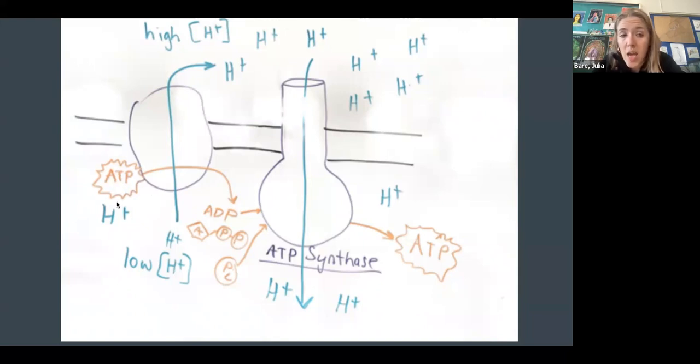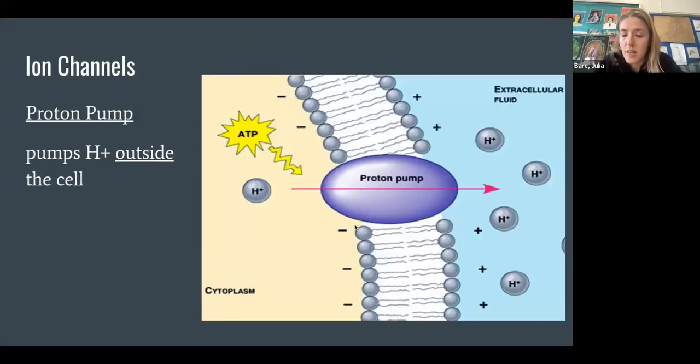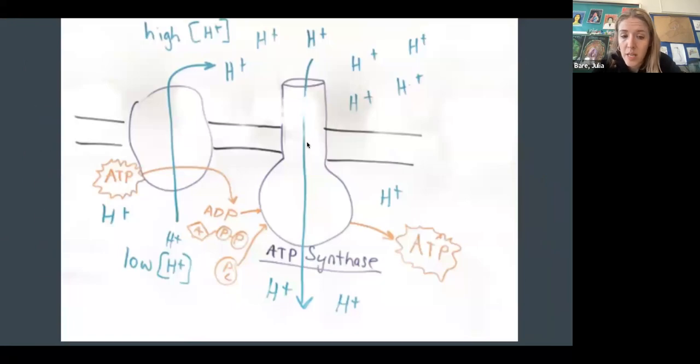It's going to use ATP as an energetic input for pumping protons against the concentration gradient. So this proton pump molecule, you've seen representations like this in your textbook. It's going to take hydrogen ions, pump them against the concentration gradient, and it's going to do that using an energetic input. It's going to do that using ATP.